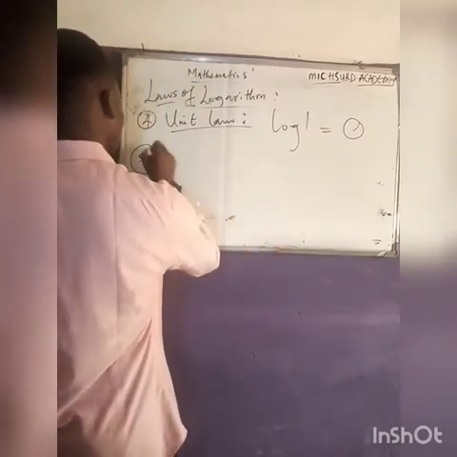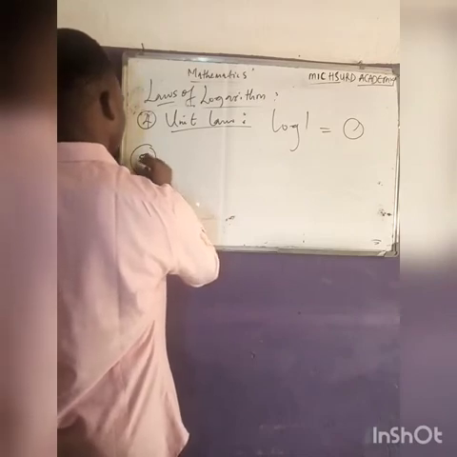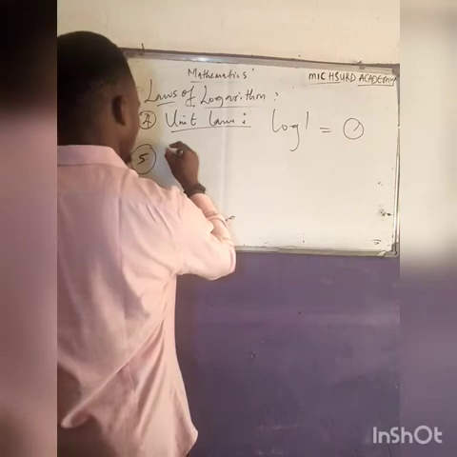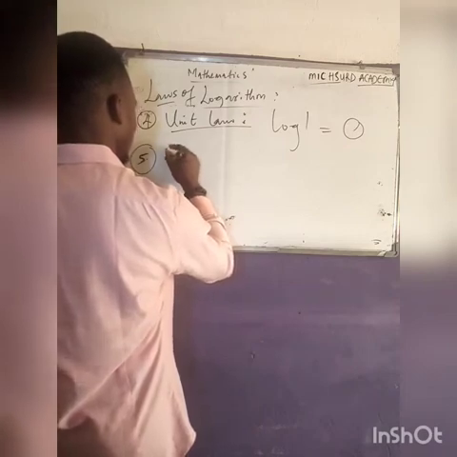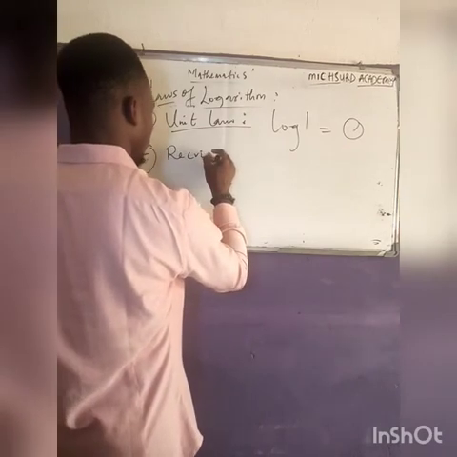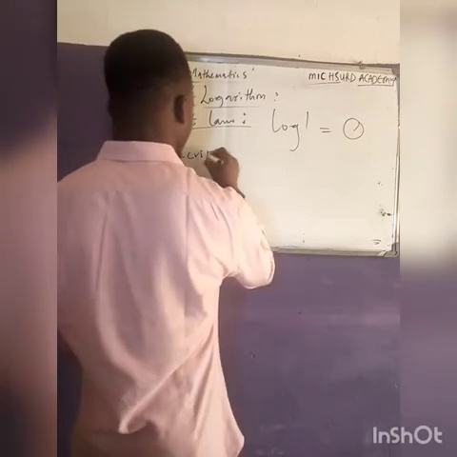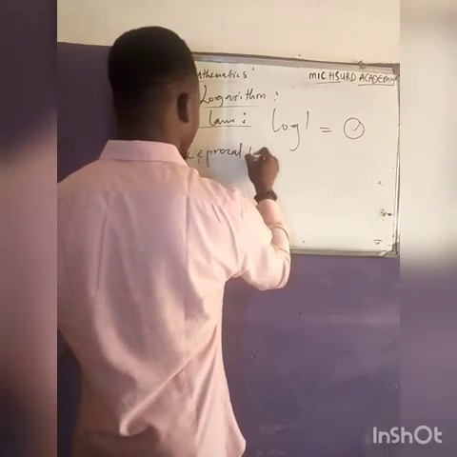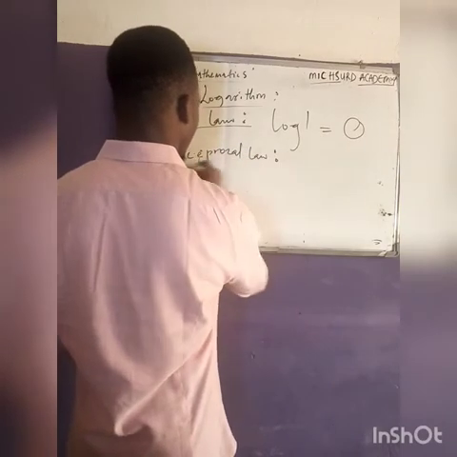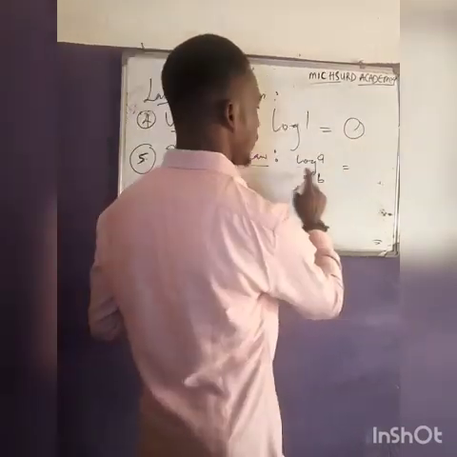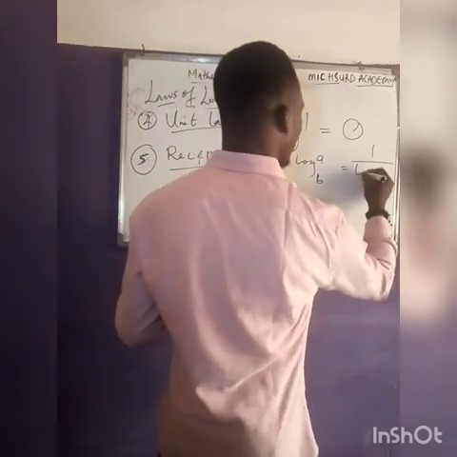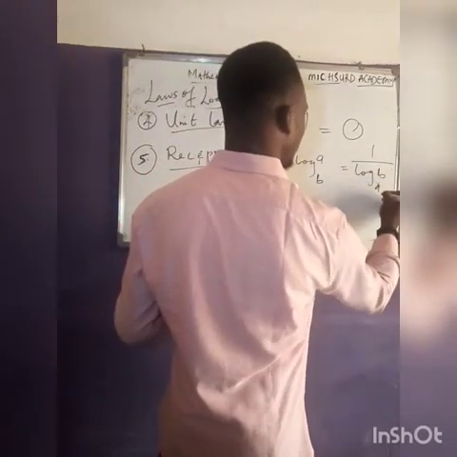So we have another one which we call the reciprocal law. It says that if we have log A to base B, we can write it as 1 all over log B to base what?